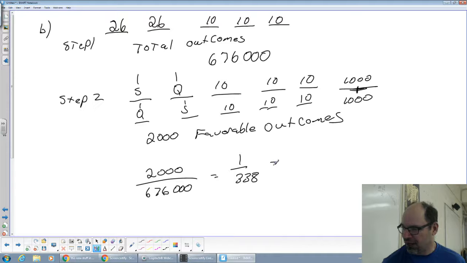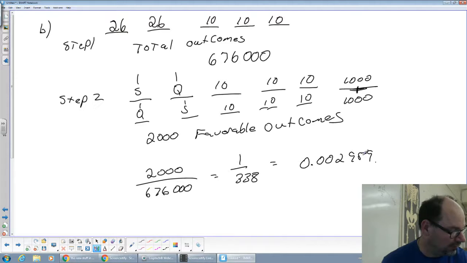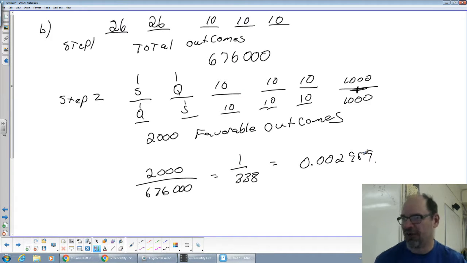Or if you don't like a fraction, as a decimal number, 0.002959. Okay, so that's kind of how number 5 works. The probability adds a lot of different calculation there.